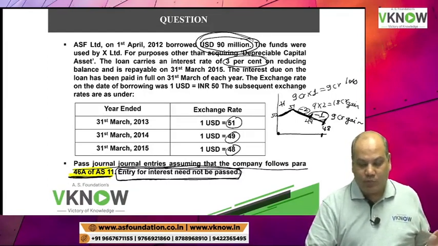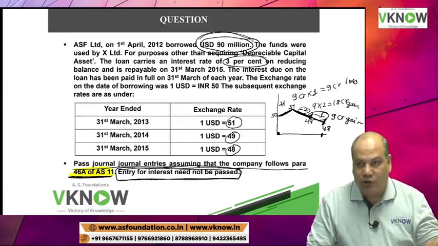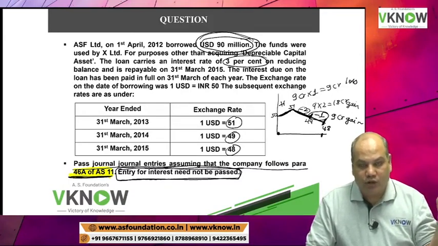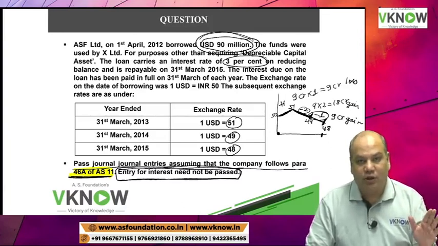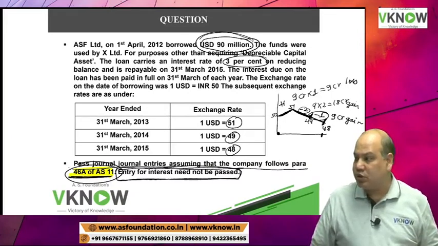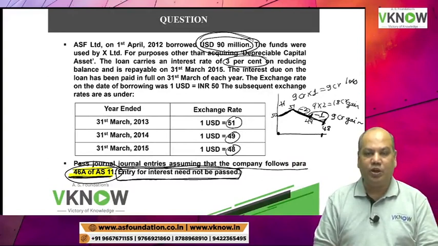So when you solve the problem, you have a difference of 9 crore exchange loss in year 1, 18 crore exchange gain in year 2, and 9 crore exchange gain in year 3. But you have decided to apply para 46A, so the entire amount will not be transferred to P&L account.